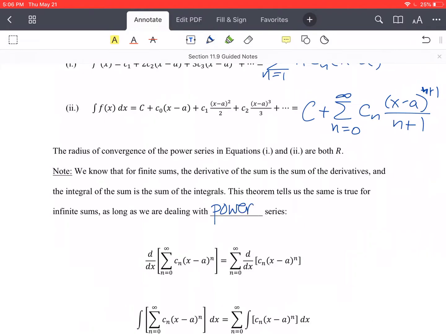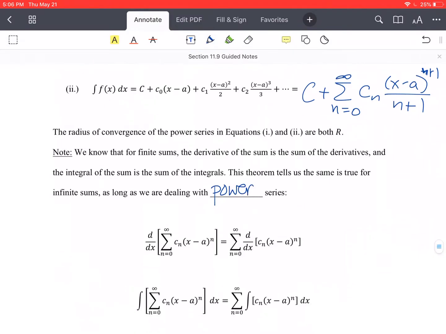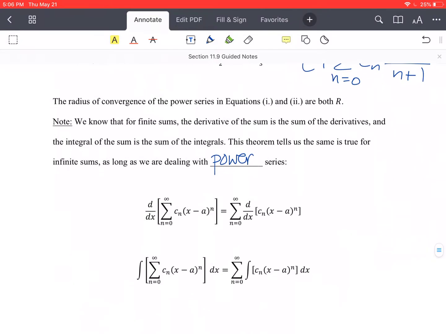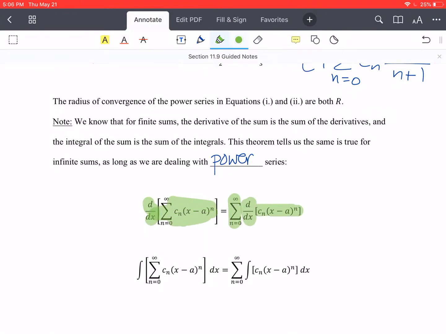So as long as we're dealing with power series, we can split up all of this infinite string of terms in the series and differentiate each one individually and integrate each one individually. That's what this basically says down here. The derivative of the sum is the sum of the derivatives, and the integral of the sum is the sum of the integrals.